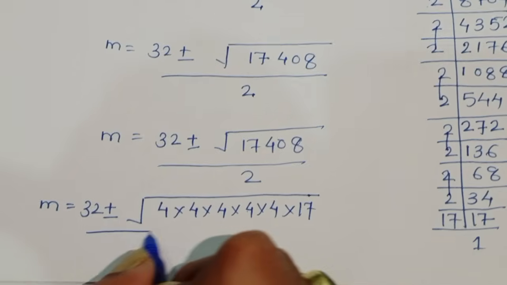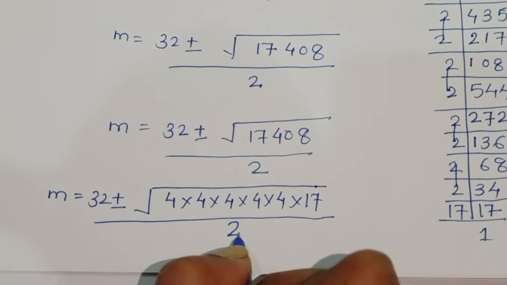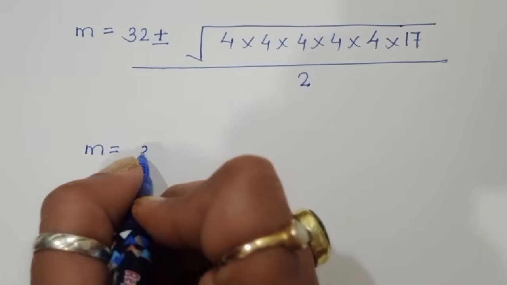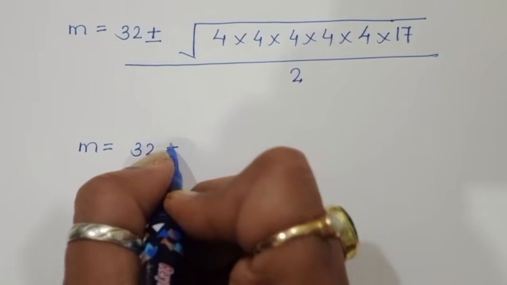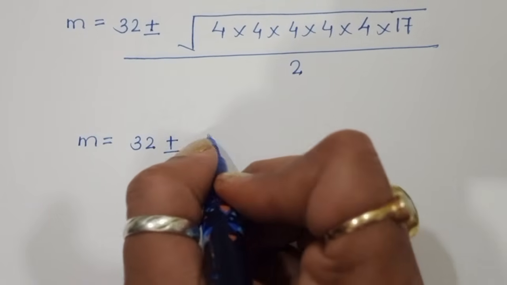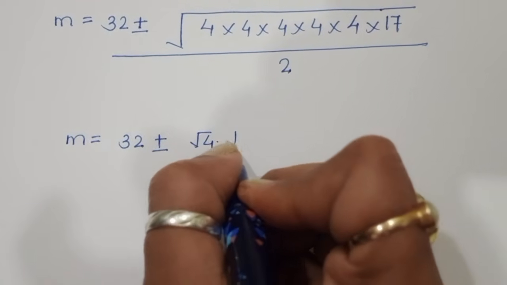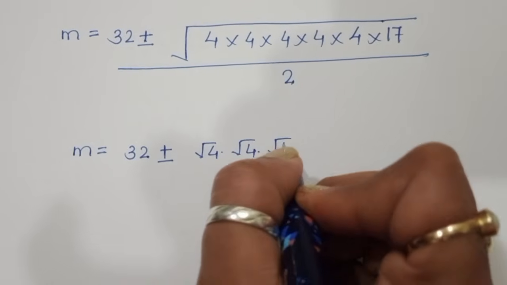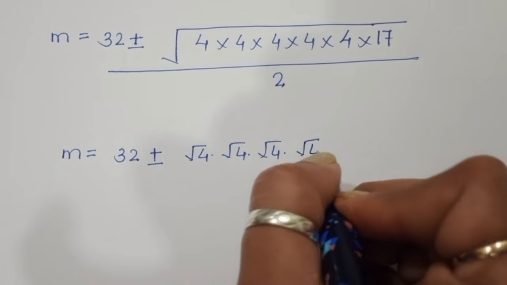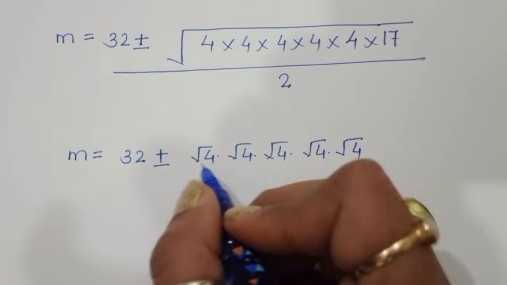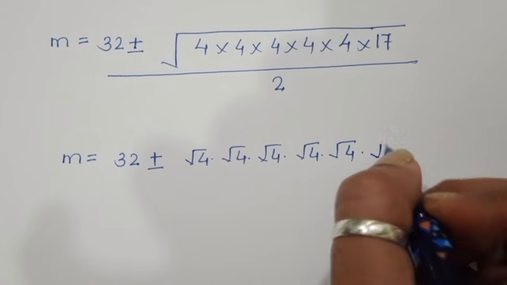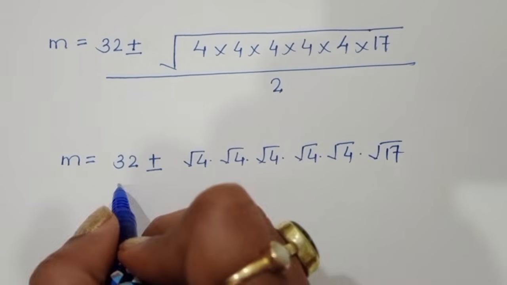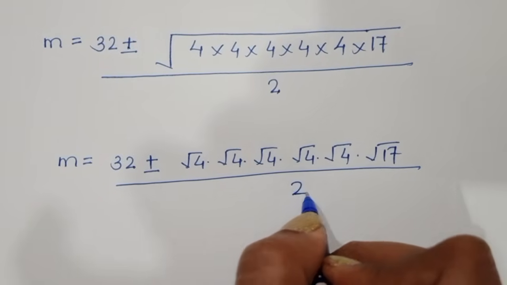Divided by 2. Is equal to 32 plus minus, now here square root of 4 times square root of 4 times square root of 4 times square root of 4 times square root of 4 times square root of 17 divided by 2.